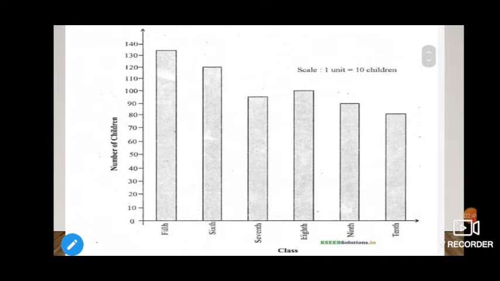Next, the width of the bar is your wish: either take 1 centimeter or 1.5 centimeter, but each and every bar should be the same width. And the distance between the two bars should also be maintained the same. Means if the distance between the two bars is 1 centimeter or 2 centimeters, then the same distance should be maintained for all the bars on the graph.